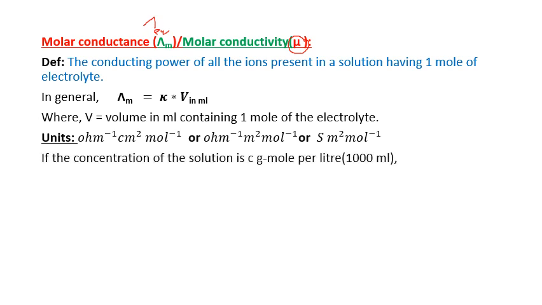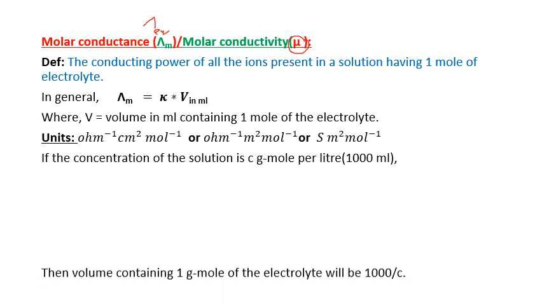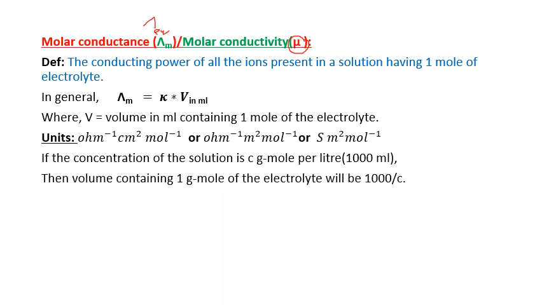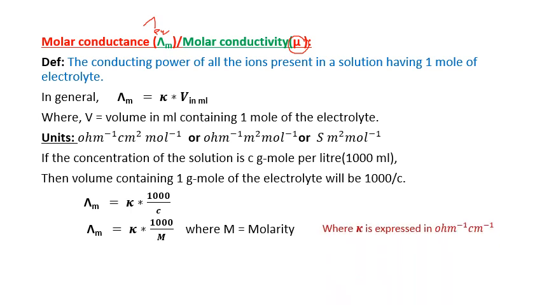If the concentration of the solution is C gram mole per liter, meaning 1000 ml, then the volume containing 1 gram mole of the electrolyte will be 1000 by C. The formula is almost the same: molar conductance equals K into 1000 by C, lambda equals K into 1000 by M. Earlier it was N, normality, but in this case M equals molarity, where K is expressed in ohm inverse centimeter inverse.